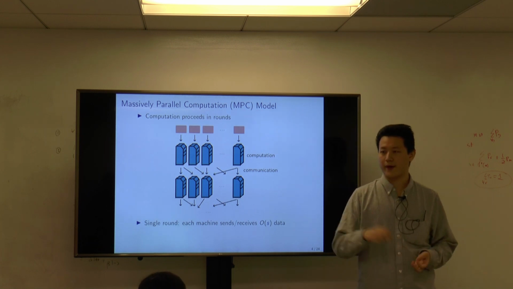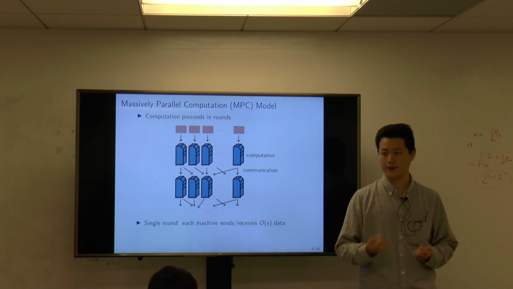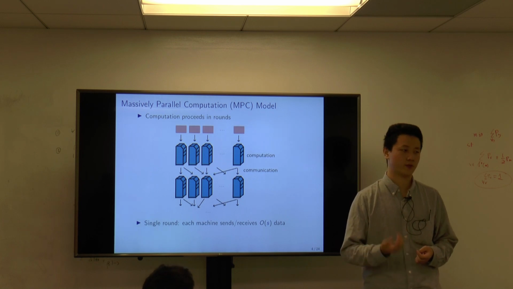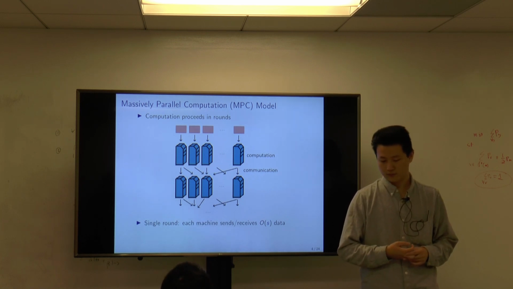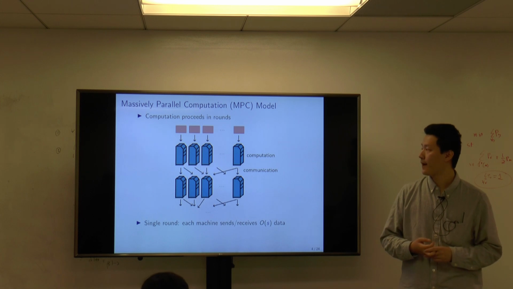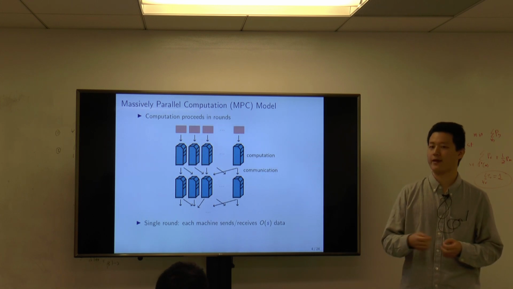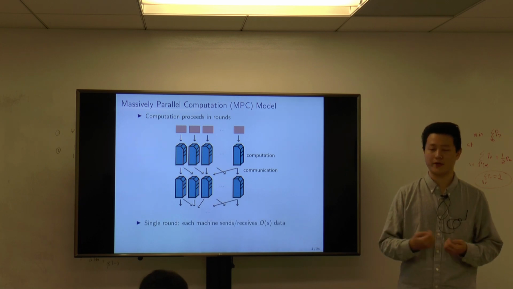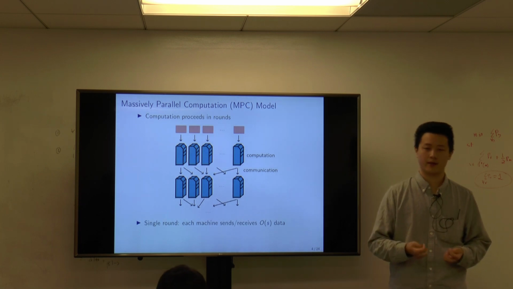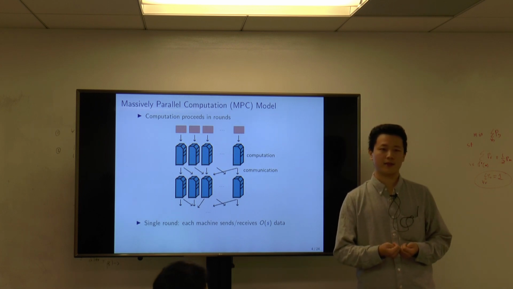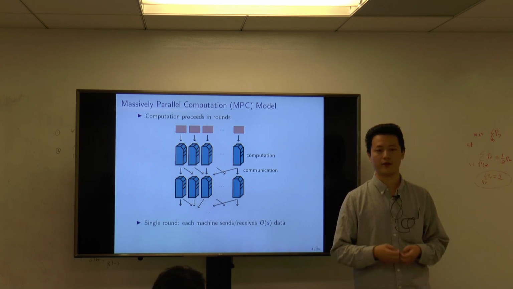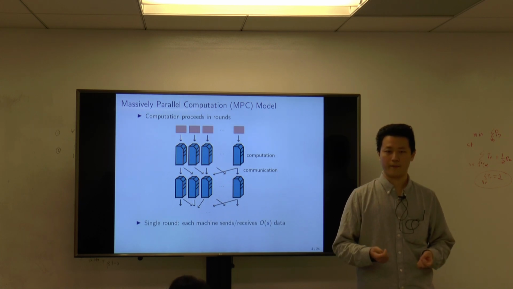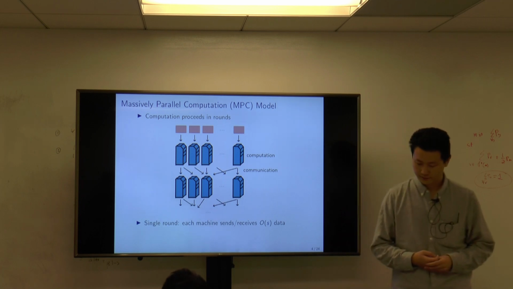The data received by a machine in this round is stored in its local memory and used for the next round of computation. For example, if you have square root n machines and each has square root n local memory, in a single round one machine can send a unit size message to each of square root n other machines, or it can send just one machine a message of size square root n.